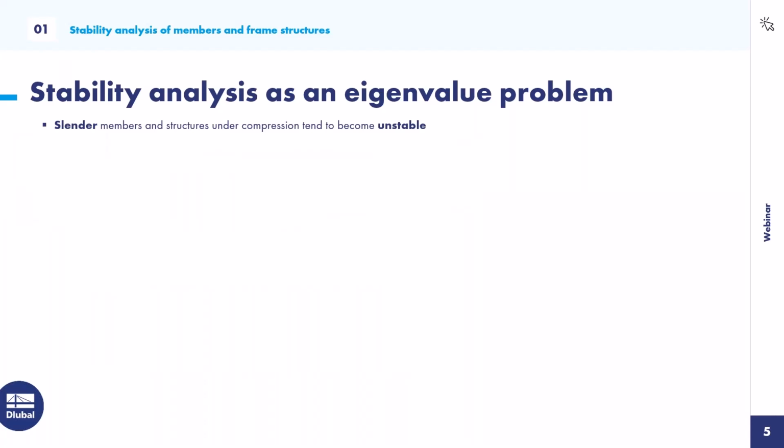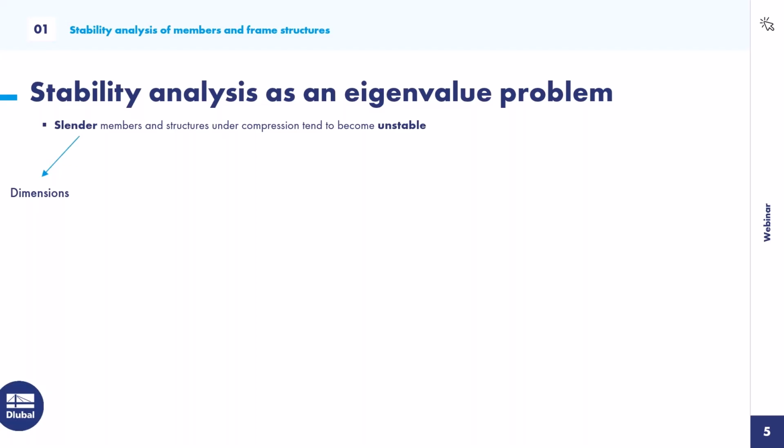Before we jump into the first model, I want to give you a brief introduction and explain a few points that are related to the stability analysis and how we perform it in RFEM 6. So what elements or structures are we taking care of with this analysis method? It's usually slender members and structures under compression that tend to become unstable, where the slenderness of a member or a structure is not only defined by its dimensions.